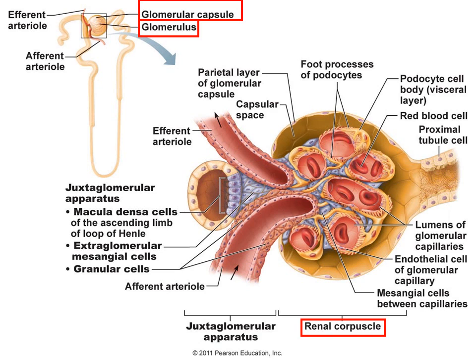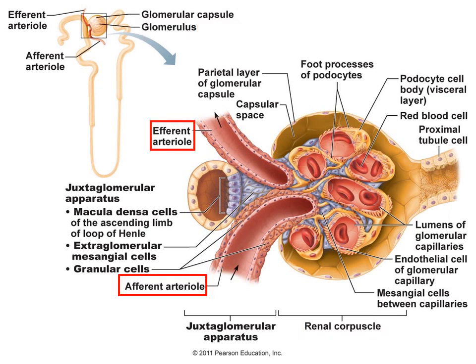As the blood comes in, the afferent arteriole passes through the capillaries. A lot of substance will be filtered out of the blood. And then where does this fluid go? This filtrate is being collected in the capsular space.